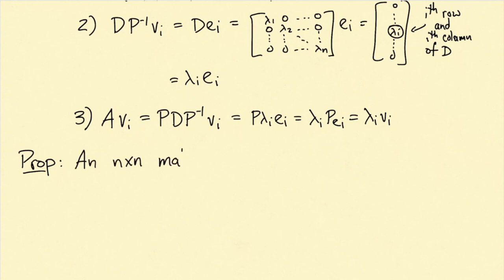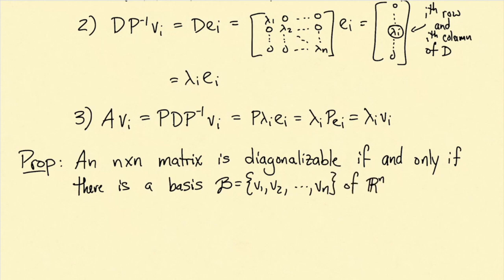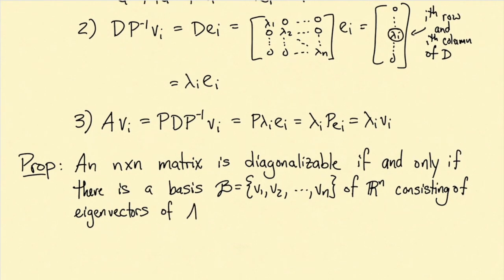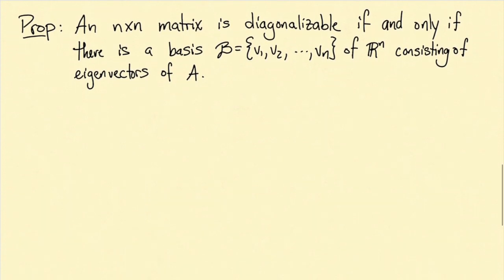An n by n matrix A is diagonalizable if and only if there is a basis B with vectors v1, v2 down to vn for R^n consisting of eigenvectors of this n by n matrix A. Now, we've seen that R^n has a basis of eigenvectors of A if and only if the geometric and algebraic multiplicities of all the eigenvalues of A are the same.